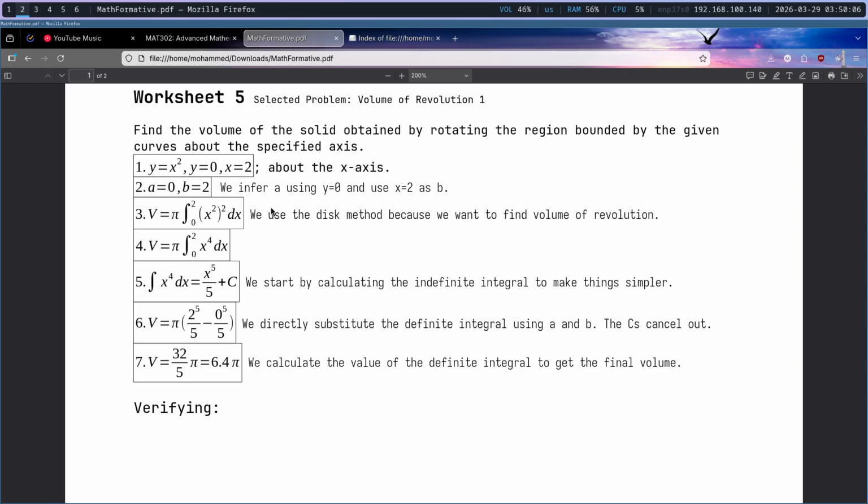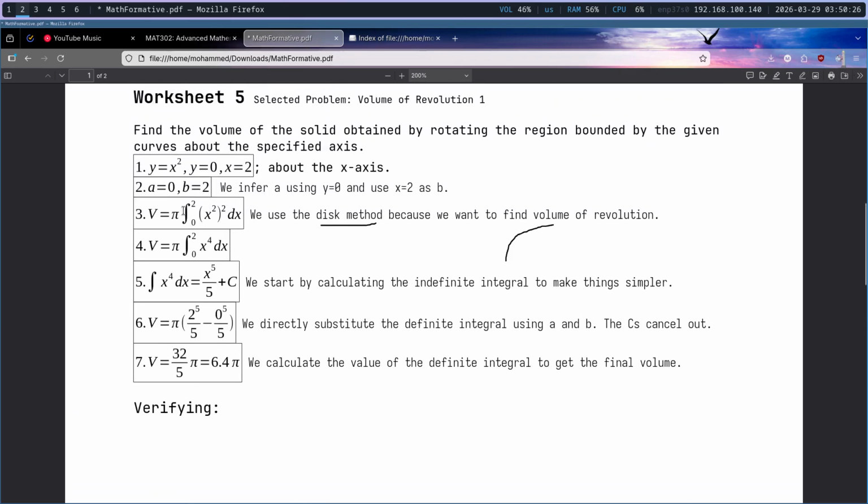What that means is, say we have a curve, so it would be a bit like that, and you would rotate it 360 degrees to get a 3D shape, and we want to find the volume of that, so we use the disk method.